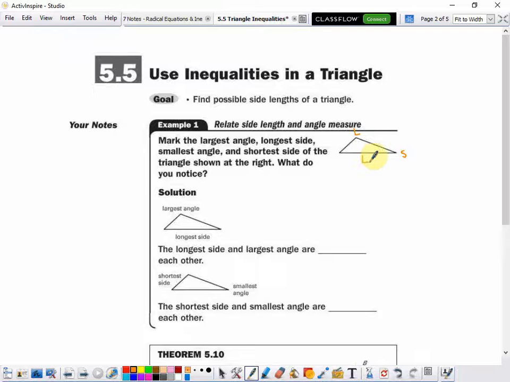This is the longest side, and this is the shortest side. And what we should notice is that the longest and largest are across from each other, as well as the smallest and the shortest being across from each other. The longest side and the largest angle are opposite each other. The shortest side and the smallest angle are opposite each other.